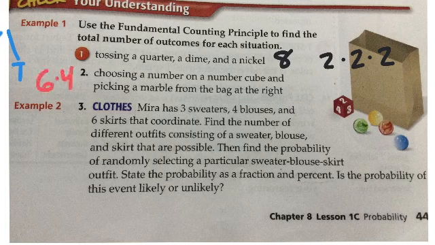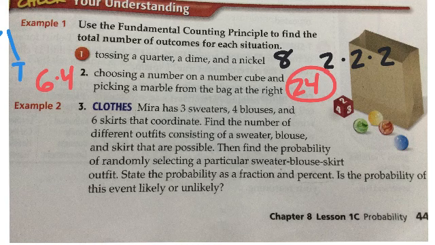You said there are 6 possibilities when we roll a number cube, and there are 4 possibilities when we choose a marble. I agree. And then you multiply them, 6 times 4 to give 24 different possible outcomes. So again, we could make a tree diagram to show what they are, but we don't care what they are right now. We just care how many there are.